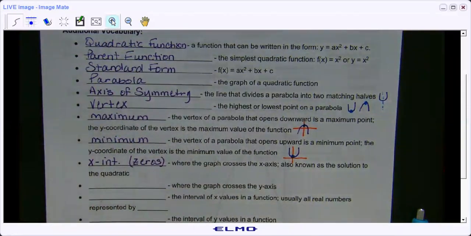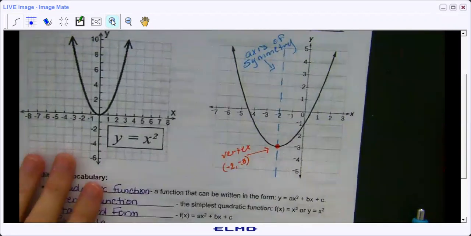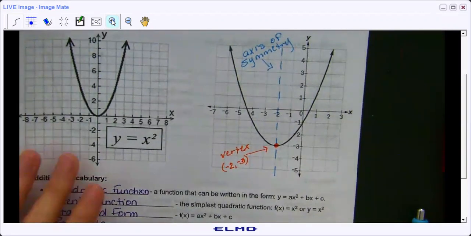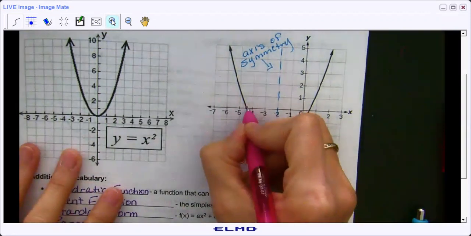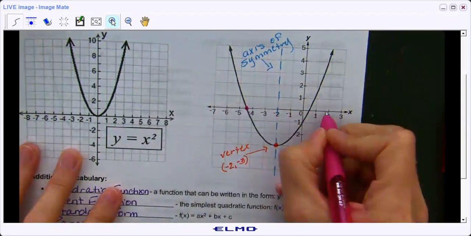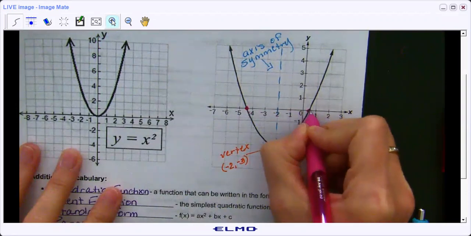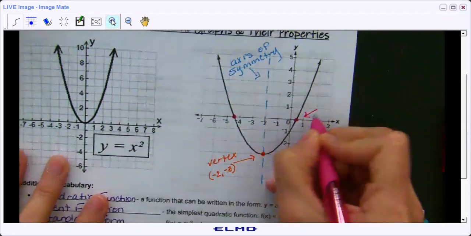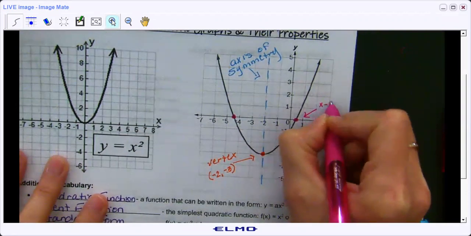So anywhere where the parabola crosses the x-axis, that's your x-intercept. So if you look up here, you have it crossing the x-axis in between -4 and 5 and in between 0 and 1. Those are your x-intercepts.